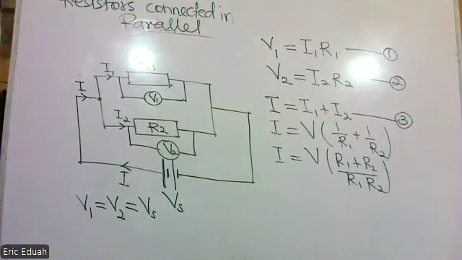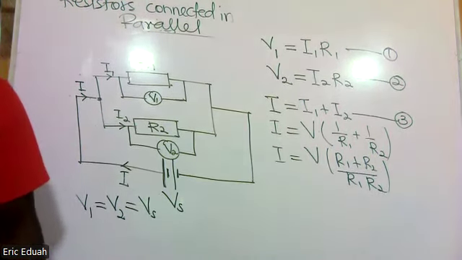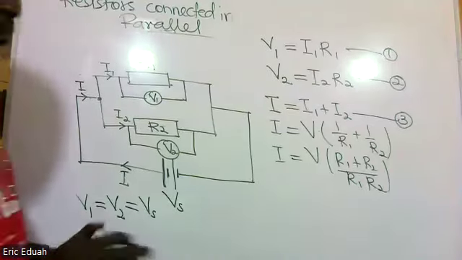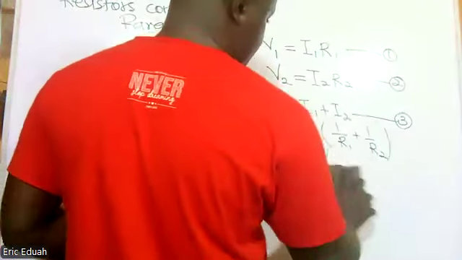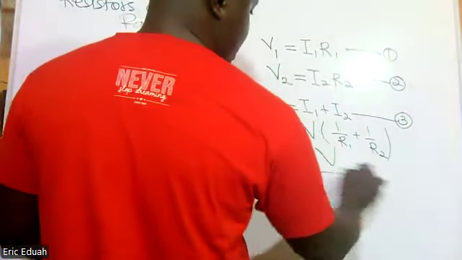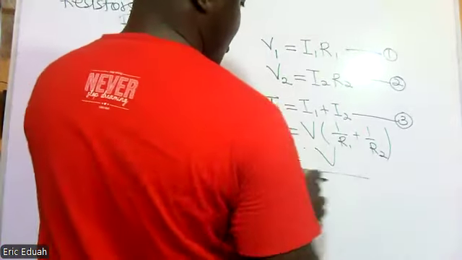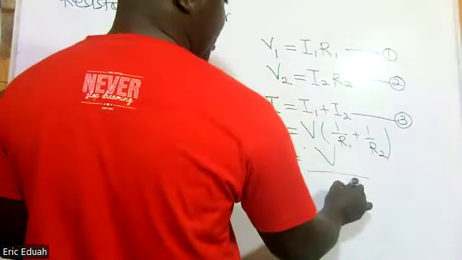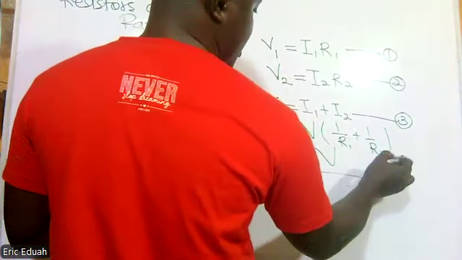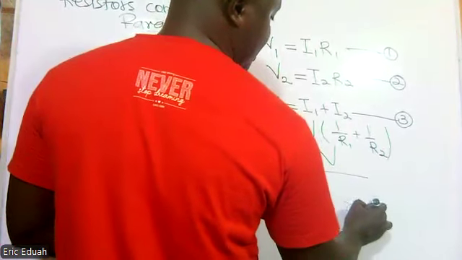Instead, the whole thing on R1 plus R2. The V is just multiplying the numerator. I get you. So this is what you mean. R1 plus R2 times R1 times R2.